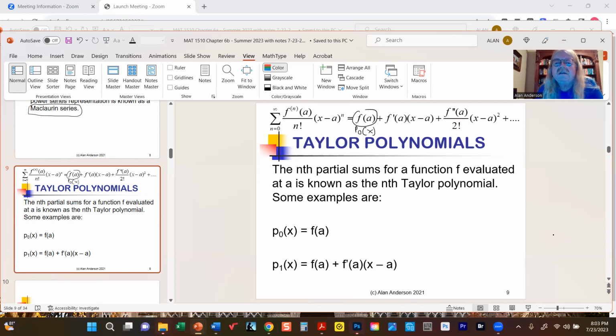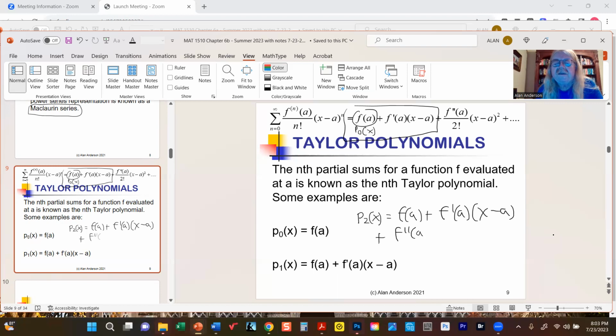P1 is these first two terms put together. Notice f of a plus f prime of a times x minus a. P2, the second Taylor polynomial, would therefore be f of a plus f prime of a times x minus a plus that third term there, f double prime of a over 2 factorial times x minus a squared.